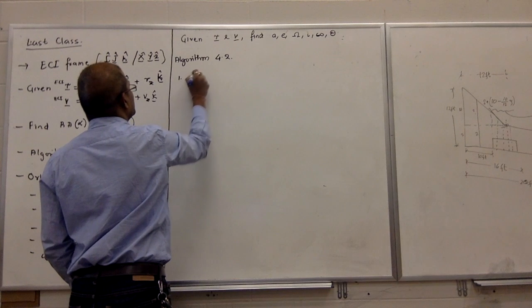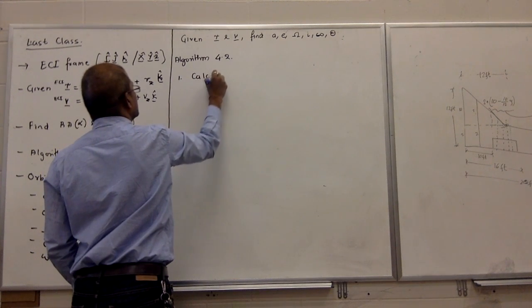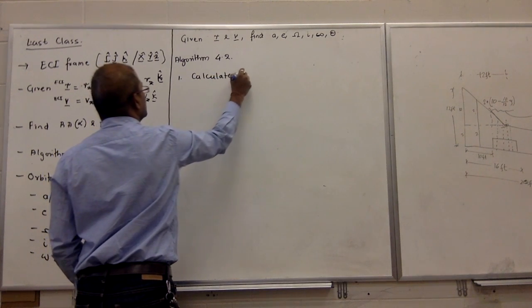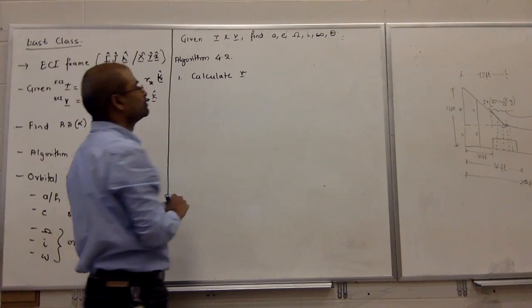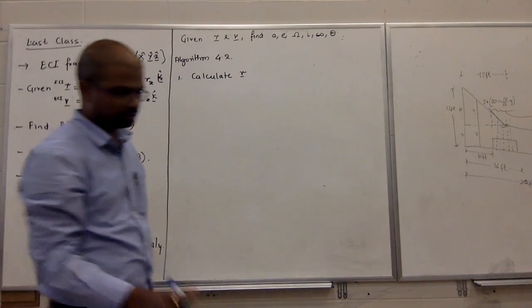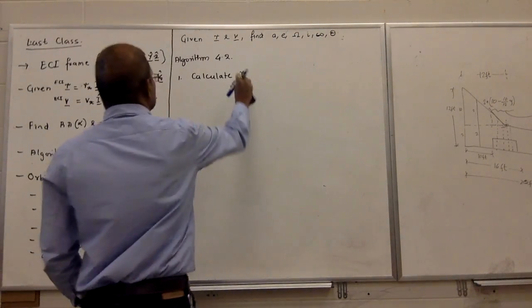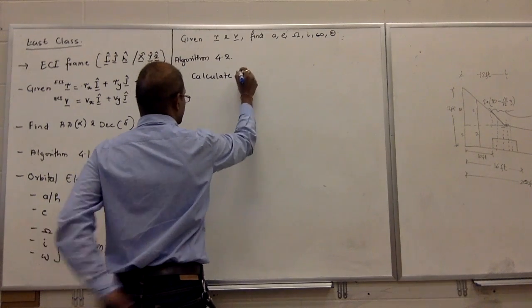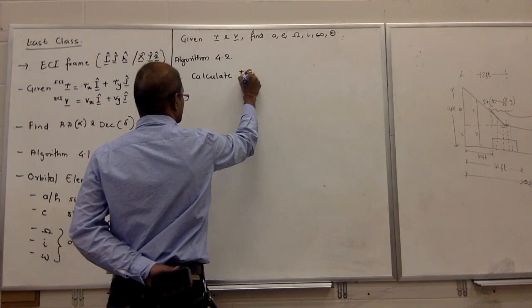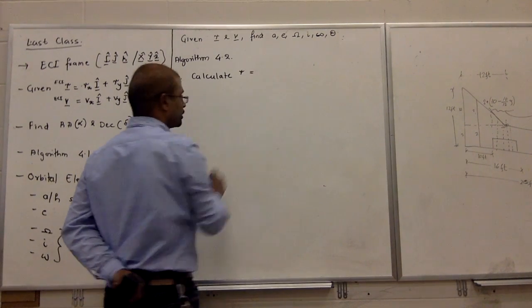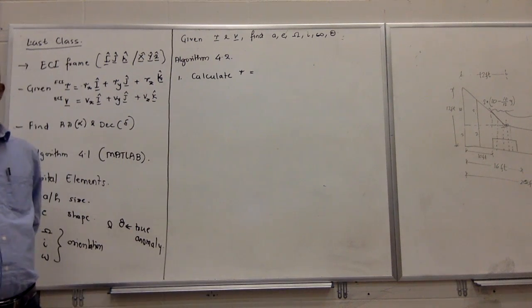So the first step is to calculate R. Not the vector R, just R. How is this R calculated? Magnitude, right?